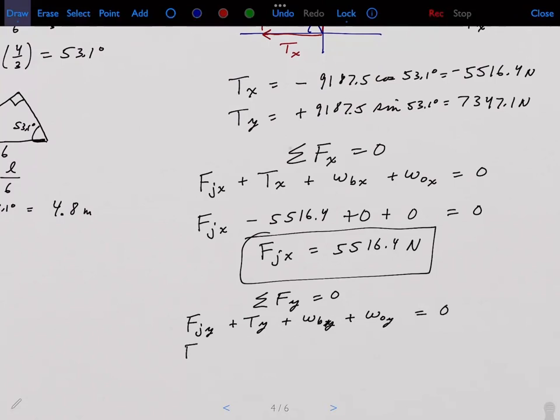So now Fjy, well, the y component of the tension was positive 7347.1. The y component of the weight of the beam, that was negative, what was it? Negative 980. And then the y component of the weight of the object was negative 3920.